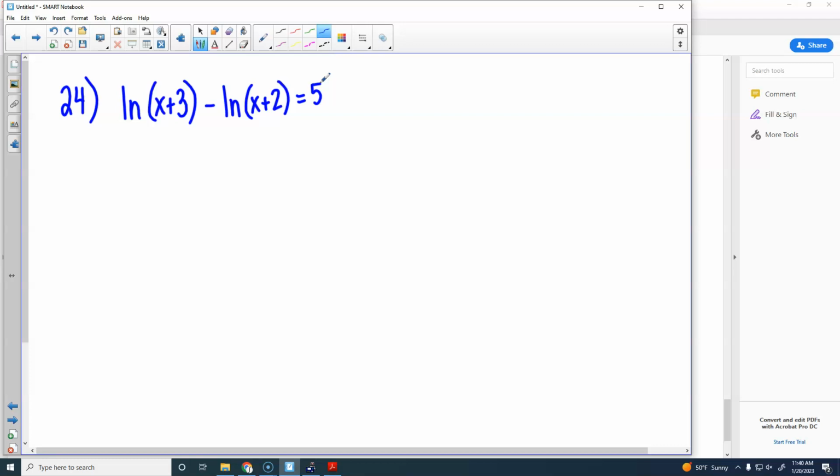So the first way I'm going to do it is just using decimals, and you can do it this way on your quiz. You don't have to, if it confuses you with the e's, use the next way I'm going to do it. So like the last problem, this is subtraction. So this is going to be natural log of x plus 3 over x plus 2 equals 5.